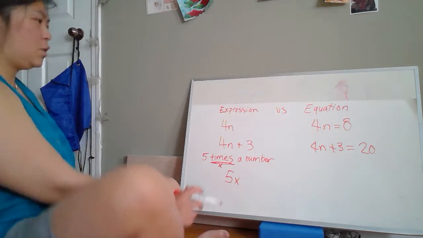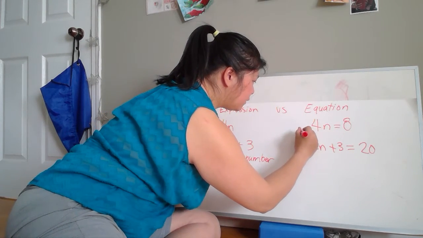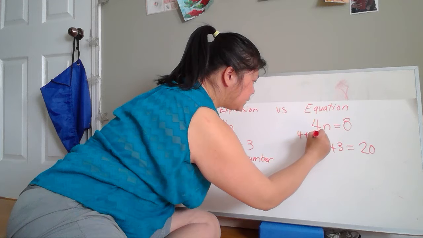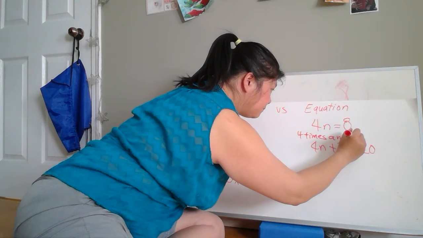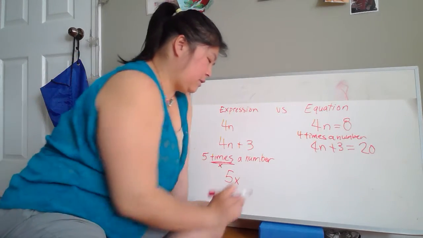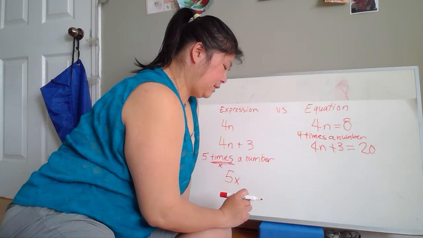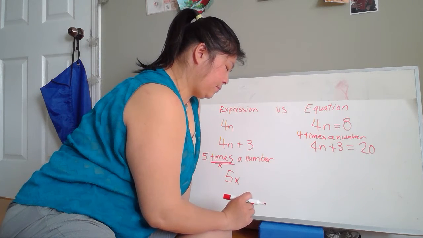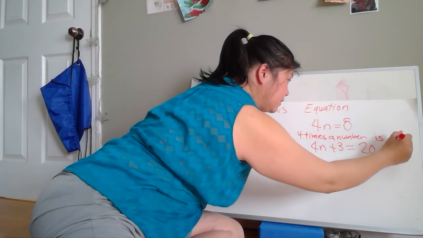I'll try to write it: 4 times a number is, I guess you'll use is, 8.